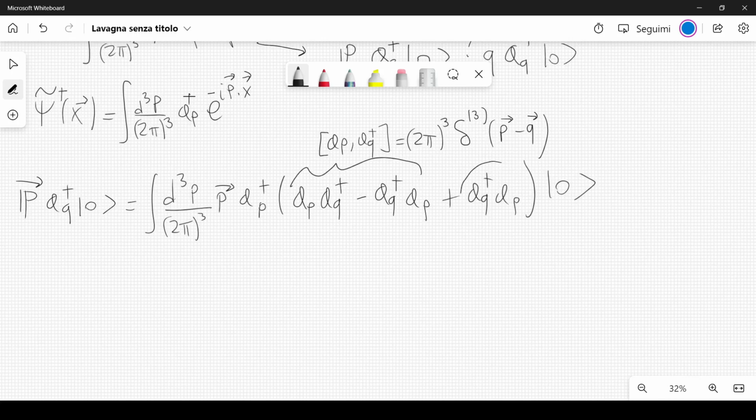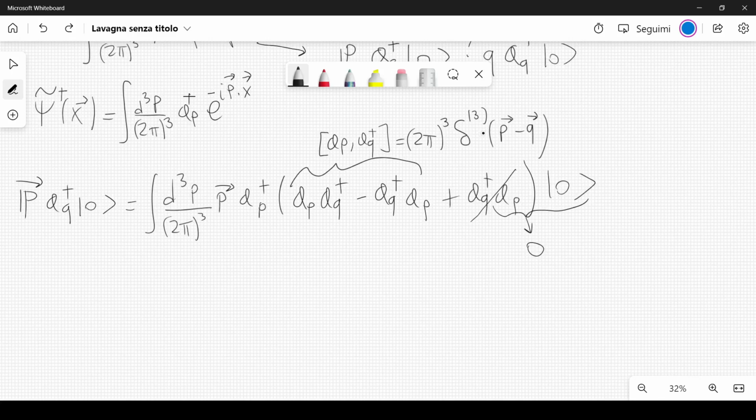And by the way, now that we have also this term, when this term acts on the vacuum, you can see that a_p acting on the vacuum will annihilate the vacuum, so we'll get 0. Therefore, this term will give us no contribution. As I said, I don't want to get into the fact that this is an annihilation operator and this is a creation operator. This is something that I will take for granted.